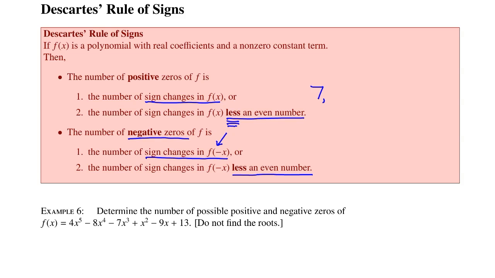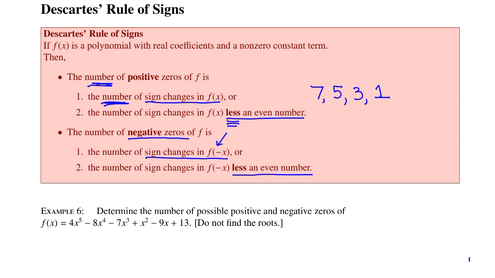So it could be 7 or 5, or take away another 2, could be 3, or take away another 2, could be 1. If I take away another 2, then it would be negative 1. And what Descartes' rule is telling me is how many there are. What is the number of possible zeros? So it can't be negative.